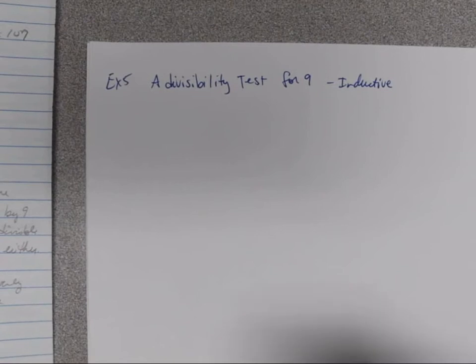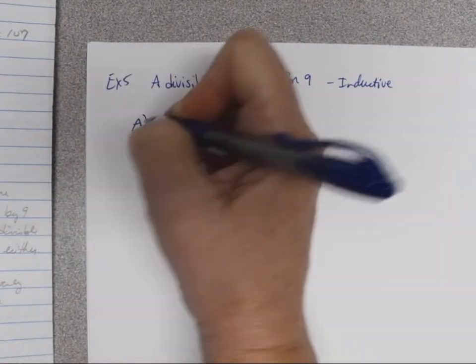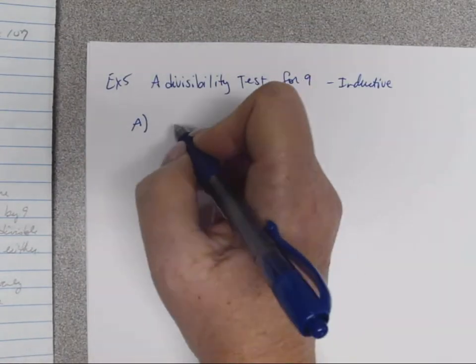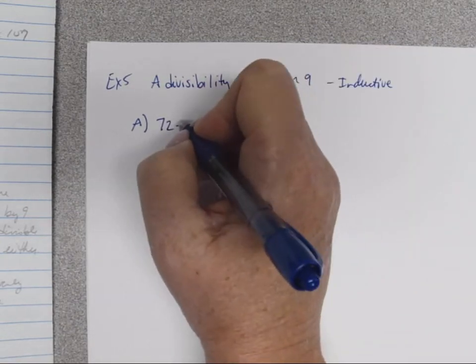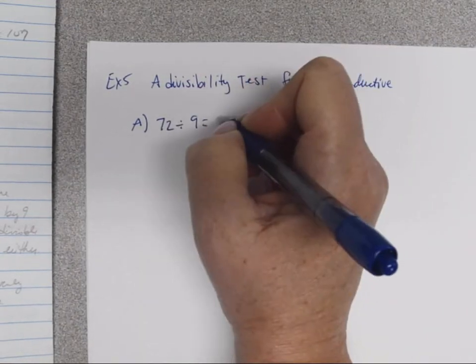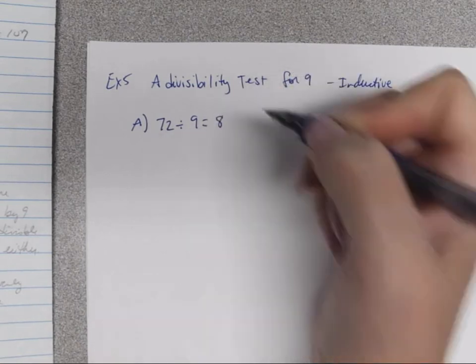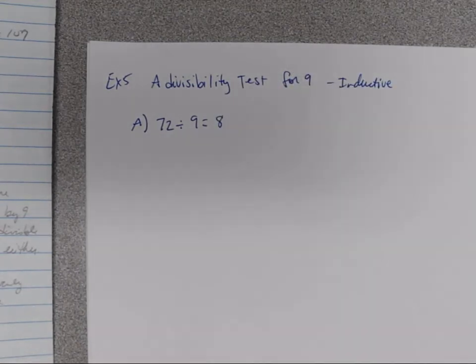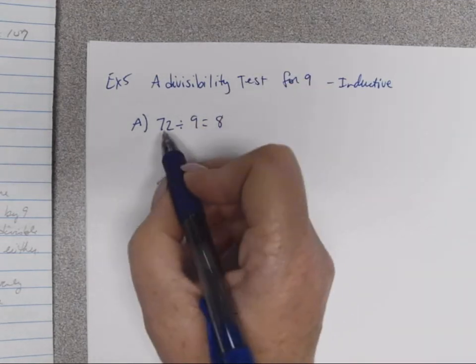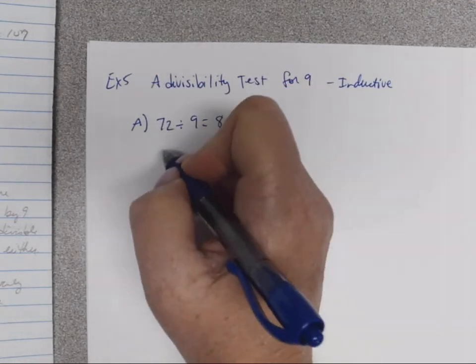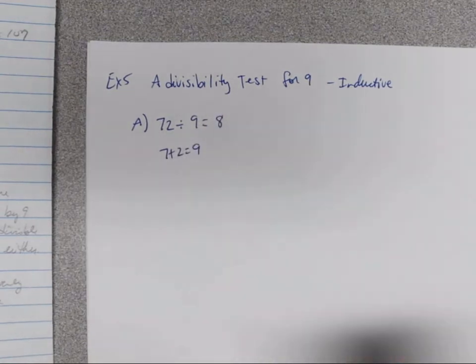So if we're looking at part A, we're looking at 72 divided by 9 is equal to 8. So then we're going to say that if we add these two together, 7 plus 2, well, that equals 9.